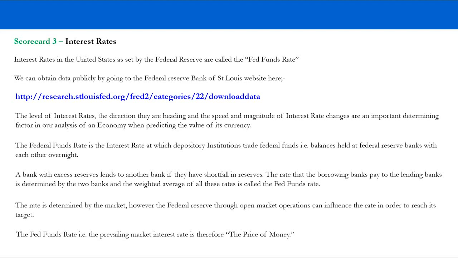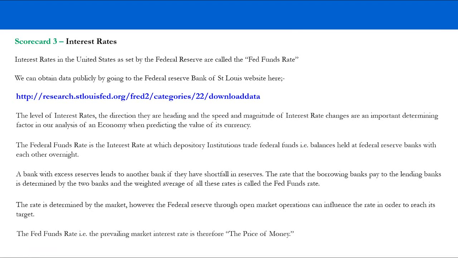And this rate that the borrowing bank pays to the lending bank is determined by the two banks, and the weighted average of all these rates amongst all banks trading with each other is called the Fed funds rate. And the rate is determined by the market. However, the Fed, through what they call open market operations, basically influences the rate in order to reach their target. So the Fed funds rate, the prevailing market interest rate, is therefore the price of money. So the price at which money is borrowed and lent.